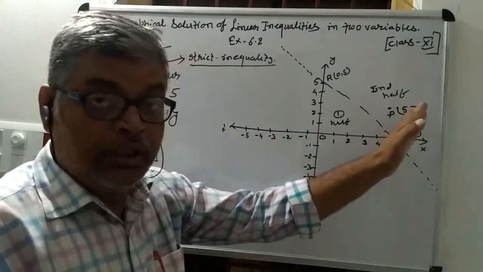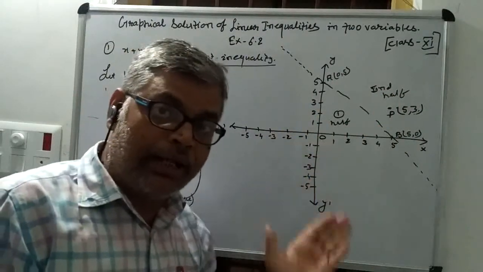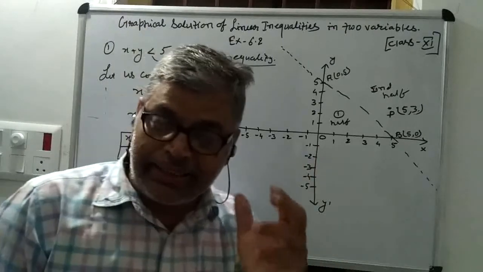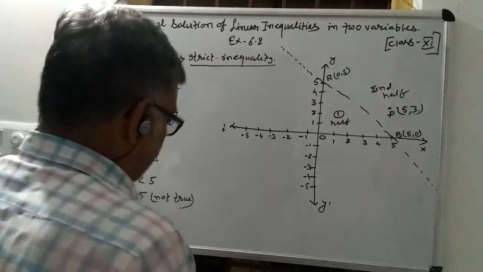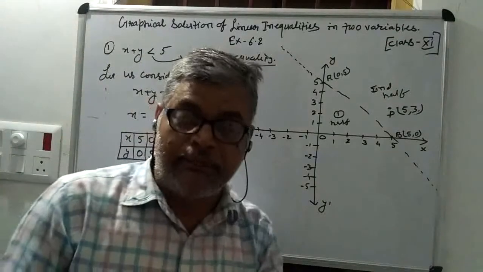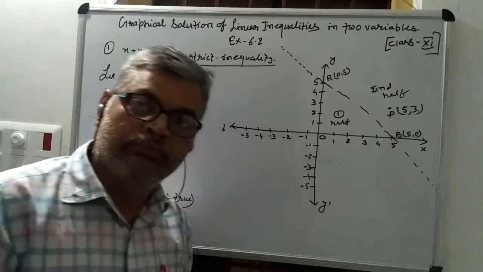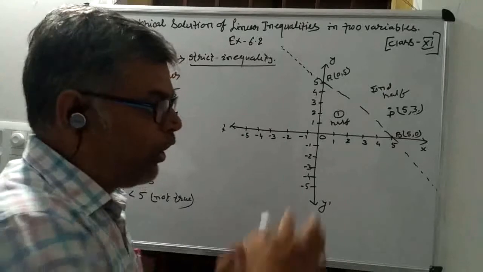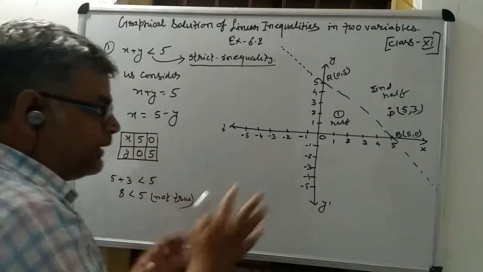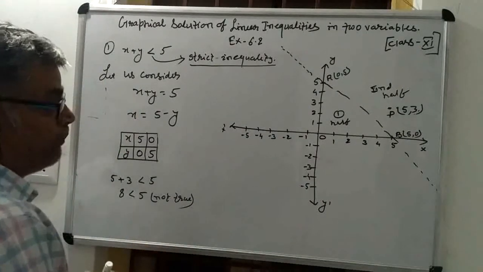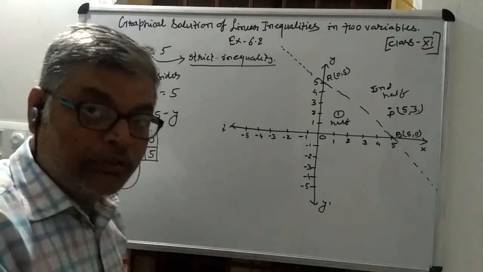And if not, then the points of the other half, the points contained in that area, will be the solution of our inequality. So it is always better to consider the point origin, that is 0, 0. Or you may take any point which is not lying on the line, but it is always better to take point O as origin for verification of the inequality.